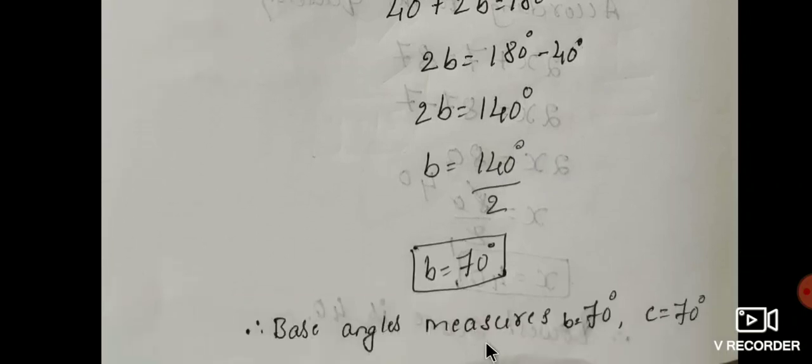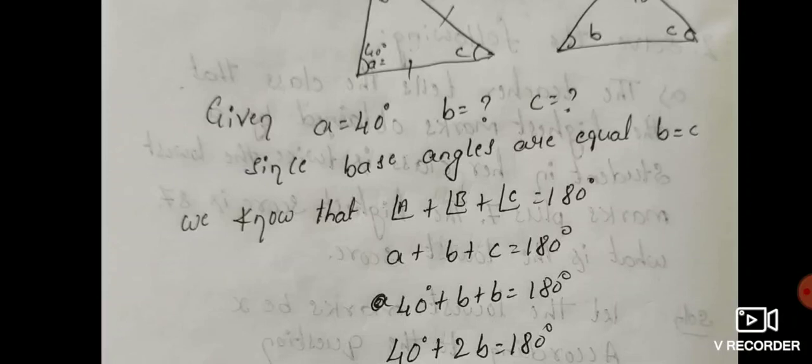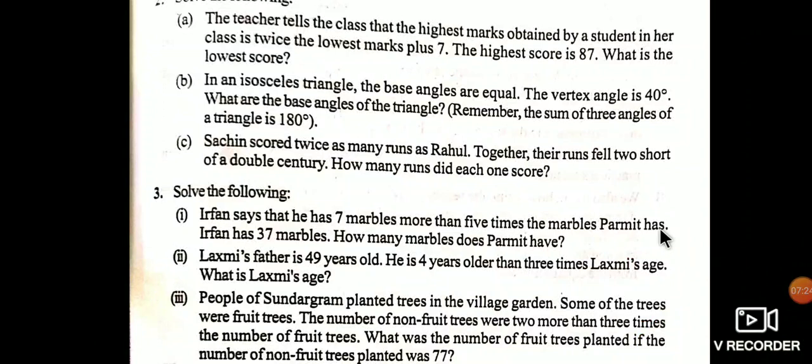Therefore base angle B is equal to 70 degree. And another also, base angles in an isosceles triangle are equal, means another angle also 70 degree. And the remaining third problem will be homework for you.